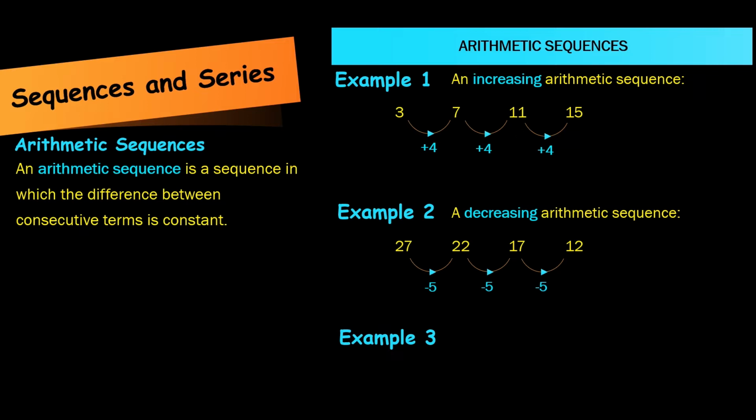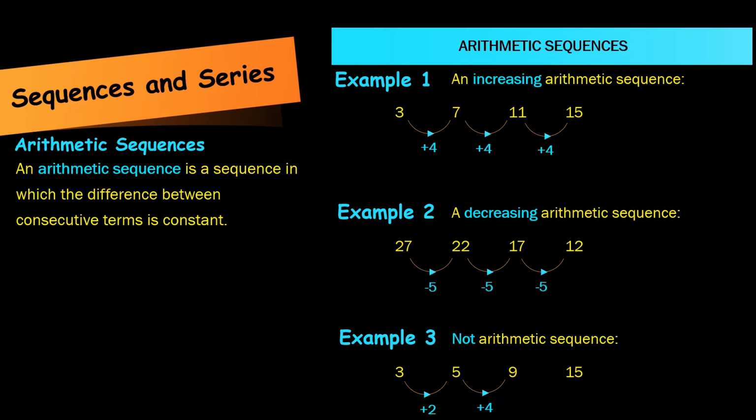And now for the third example. A sequence which is not an arithmetic sequence can take the form 3, 5, 9, 15. Notice that for the first two terms, the sequence has increased from 3 to 5, which is an increase of 2.